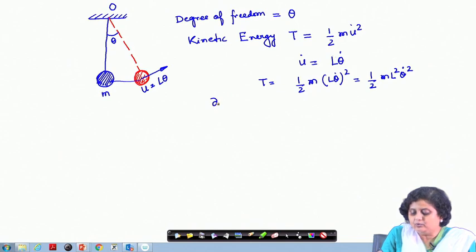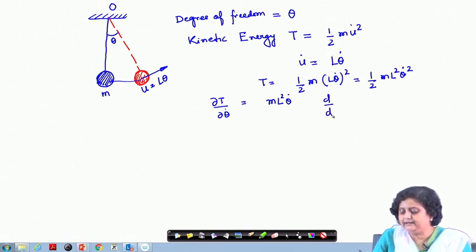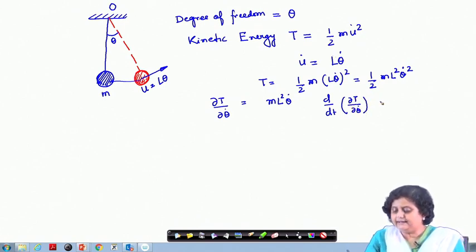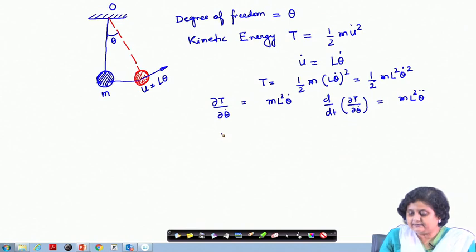Now, if I do del T by del theta dot, what do I get? I get m L square theta dot, and then if I do d dt of del T by del theta dot, I get m L square theta double dot. Now, let us see the second part of the equation, which is del L by del theta.